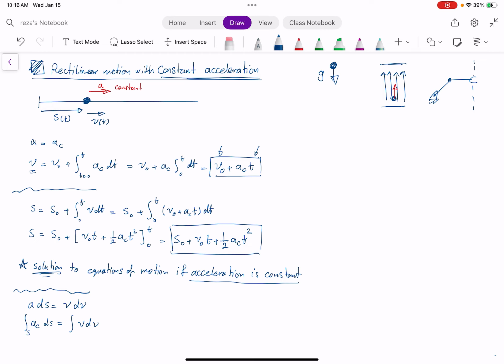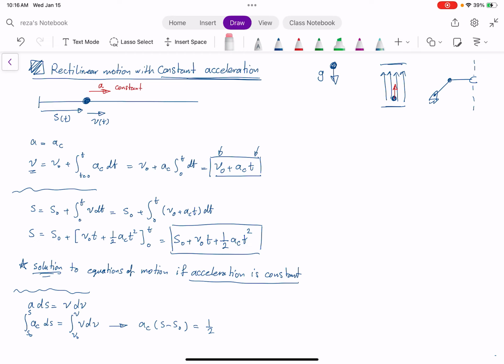The first integral goes from some S naught to some final S, and the other goes from V naught to some final V. Because we're dealing with a constant acceleration on the left-hand side, it comes out. I have A_C times the integral of ds, which is S minus S naught, equals the other integral.